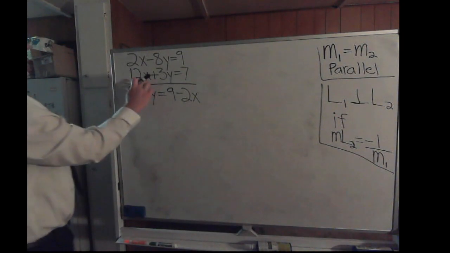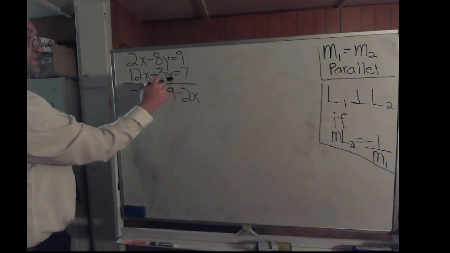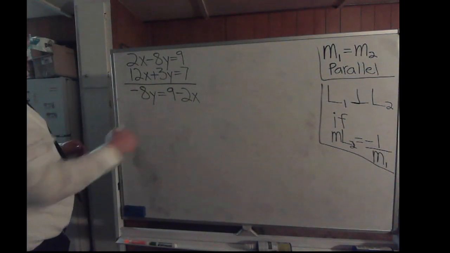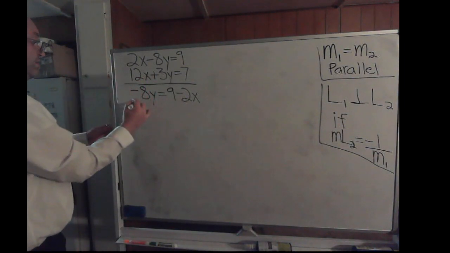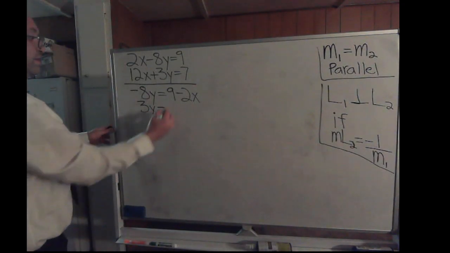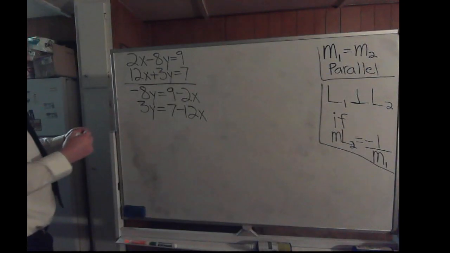Now let's deal only with the second equation. You have 12x plus 3y equals 7. Safe to say we want to get that 3y by itself, right? In order to do that, you got to subtract 12x from the left side. If you do that, you do in fact get 3y by itself. You would get 7 minus 12x on the right-hand side.